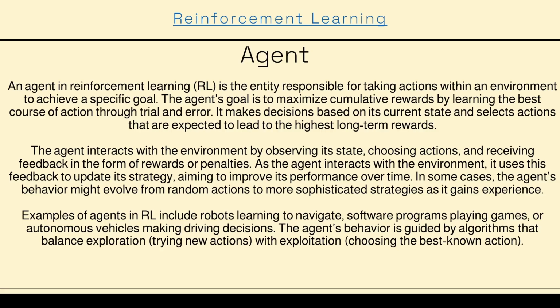So let's take an example for it. We have a dog which is our agent, and the room is our environment. Within the environment, we have a goal to make the dog sit. If the dog sits, we will give it a treat. First we will tell the dog to sit. If it doesn't understand, then we will not give anything. Gradually we keep telling the dog to sit.